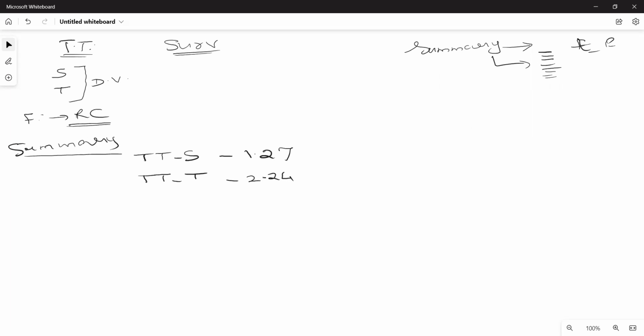Now, how do you interpret these two numbers? What is the meaning of these numbers? And why am I not able to see the value for the first class?